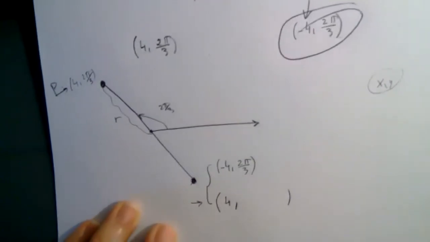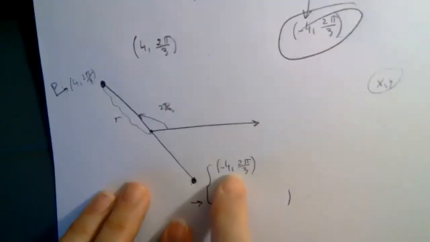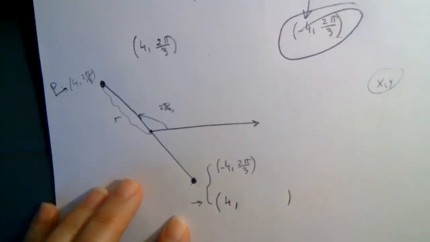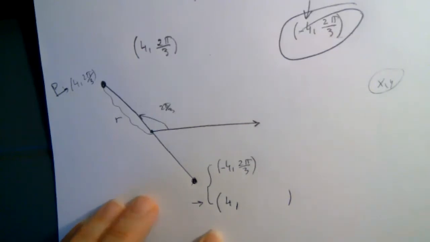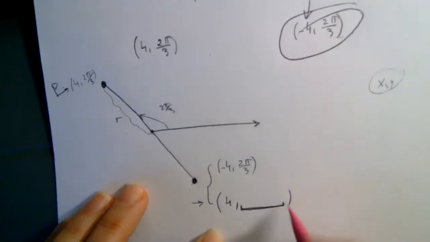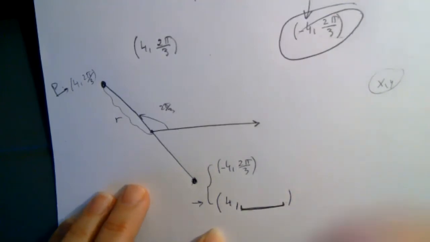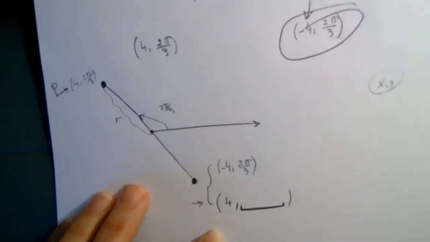I want an answer quickly. I want another representation of the same point, but I want R to be positive. So basically, I want to know what the angle is going to be. Please, I want answers on chat, or I want you to speak up.